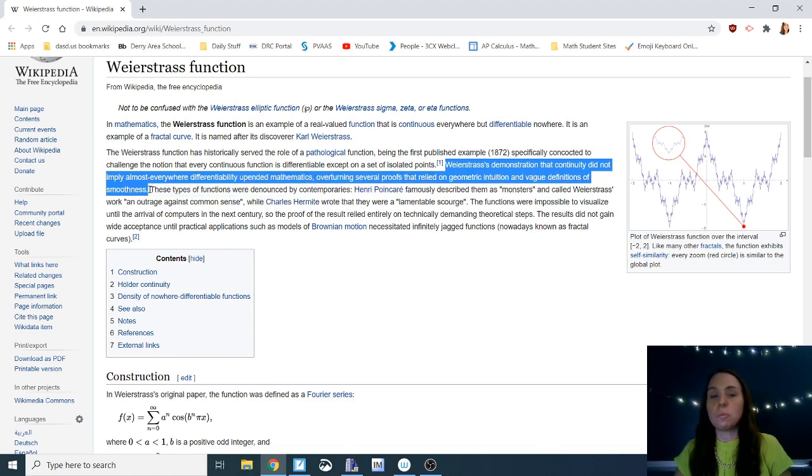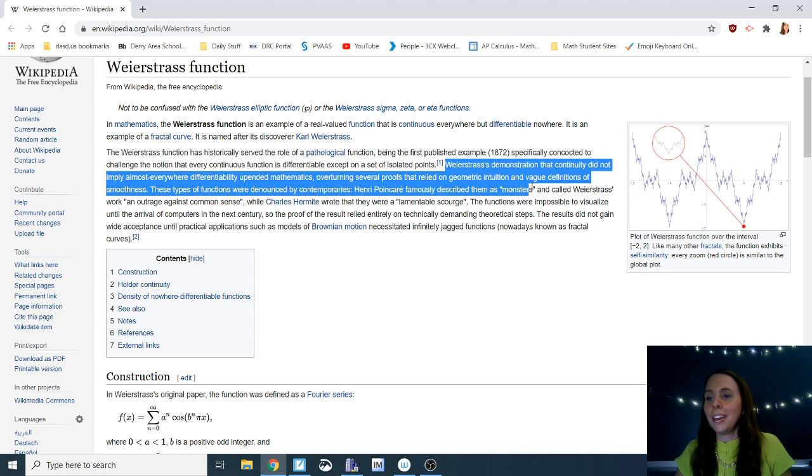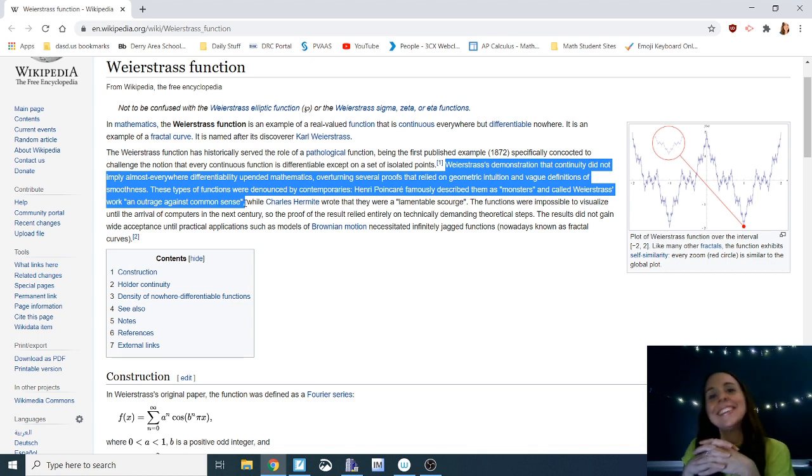So we talk about a smooth curve being differentiable. These types of functions were denounced by contemporaries. This guy famously described them as monsters and called Weierstrass's work an outrage against common sense. I just think that's hilarious.